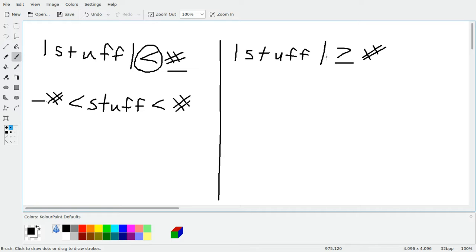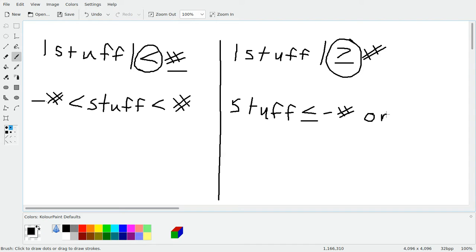However, if you have absolute value is greater than or greater than or equal to some number, that is going to be an "or" statement. We're going to write two parts. The left part is the expression that was inside the absolute value. Reverse the order of the sign, so now it's a less than or equal to, and take the opposite of the number on the other side.